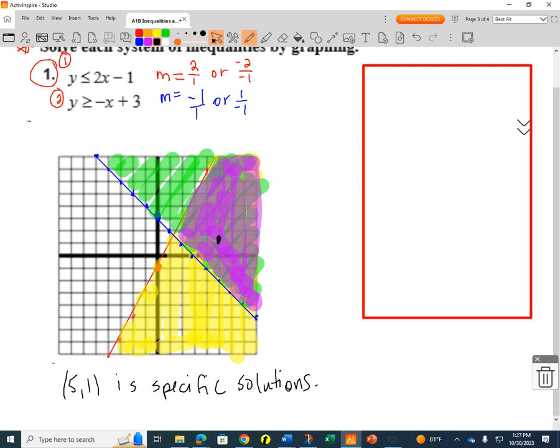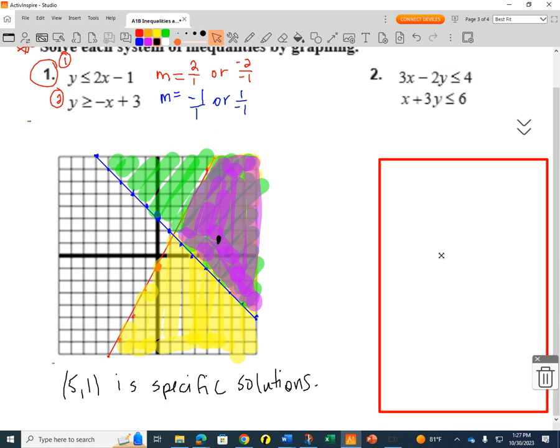All right, so our second inequality. Don't put your sticker on this one yet, because these have to be solved for y first. These two inequalities both have to be written in slope-intercept form before we can start graphing on our coordinate plane. So don't stick your sticky to your notes yet.